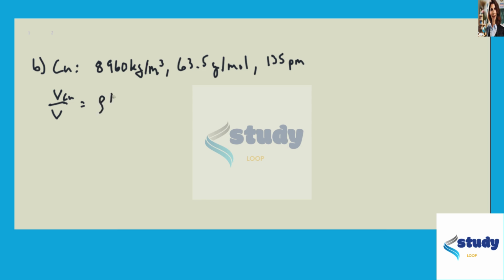We have the density times Avogadro's number times the volume per ion, so this is the number of ions per unit volume, and then that's the volume of one ion.